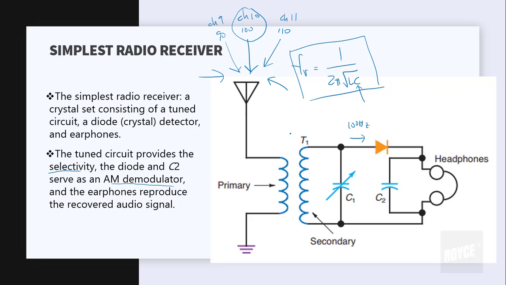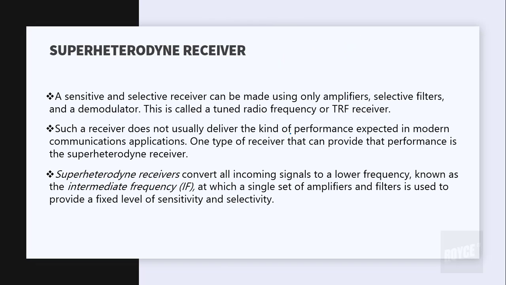Ganito sana kasimple, ganito sana ka-ideal, but we know that isa sa nagpapakomplicate ng ating circuit is the noise. So, the design of a TRF will usually not deliver the performance that is being expected for us today.